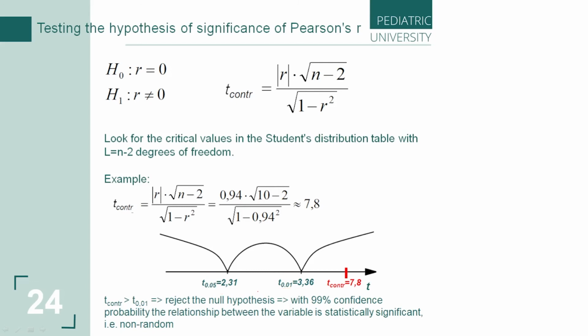It turns out that we should reject the null hypothesis. And we can say that with a 99% confidence level, the relationship between the variables is statistically significant. That is, it's not random. This means that there is a relationship.